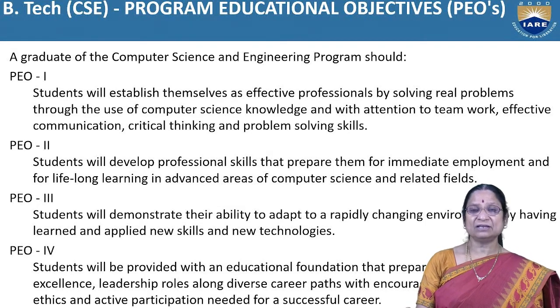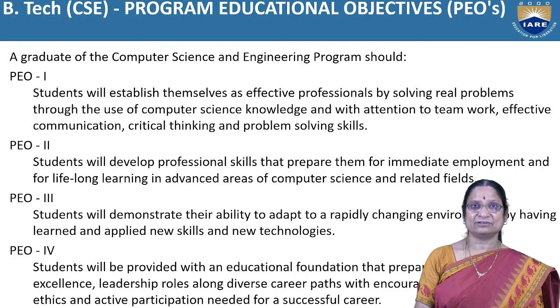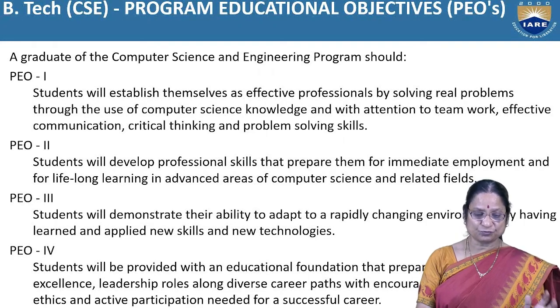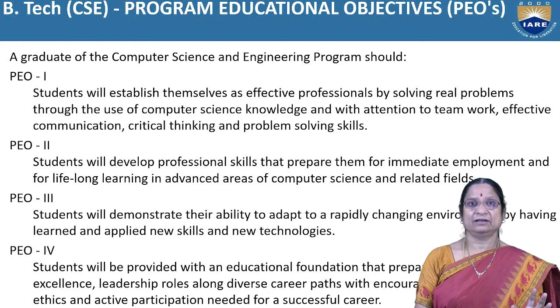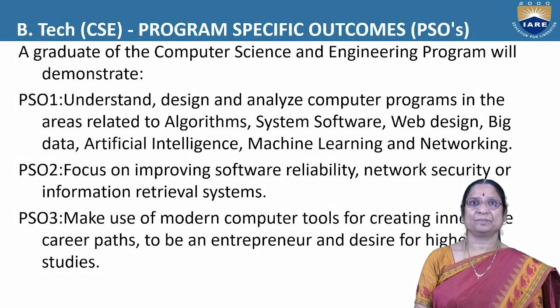How the students are established in their career after completion of this course will be properly assessed through these PEOs. So 4 PEOs are defined and finalized for this BTech CSC course.